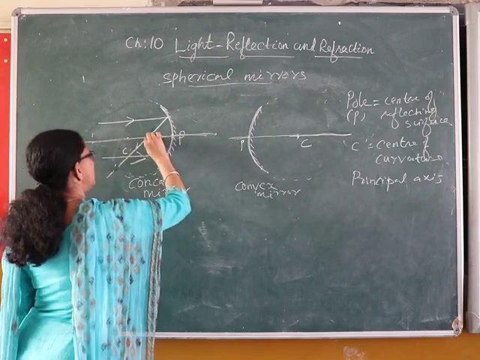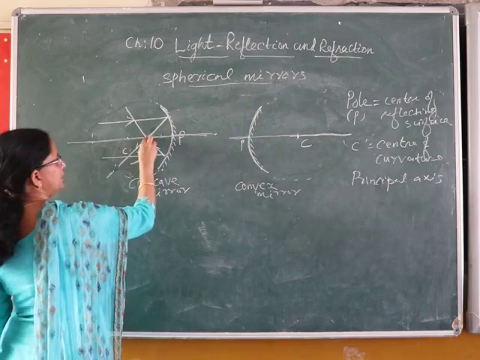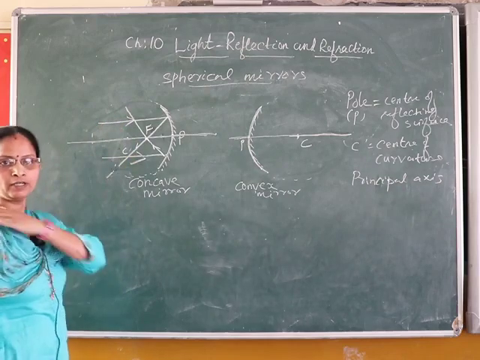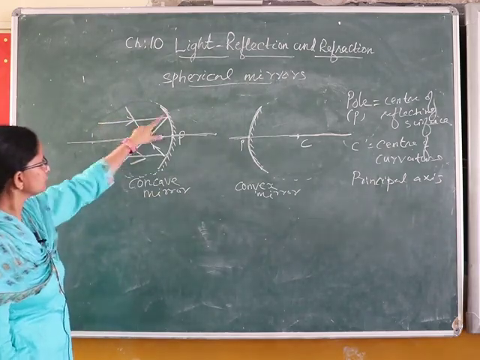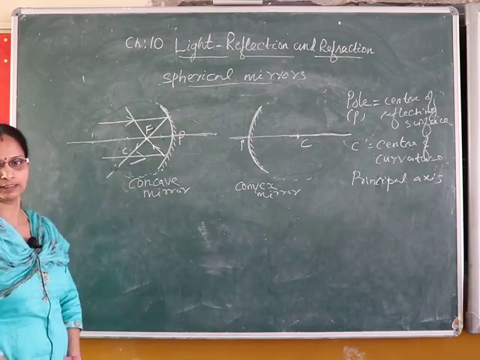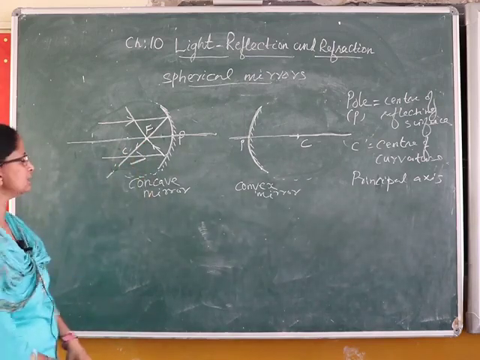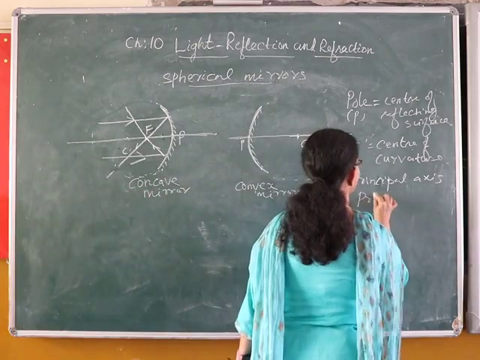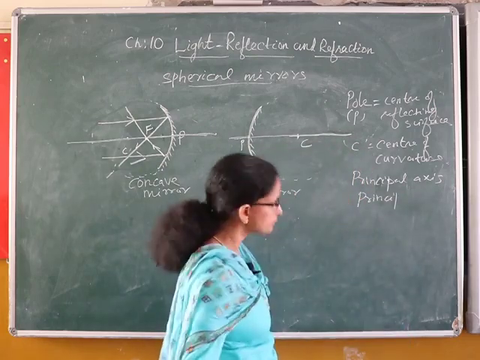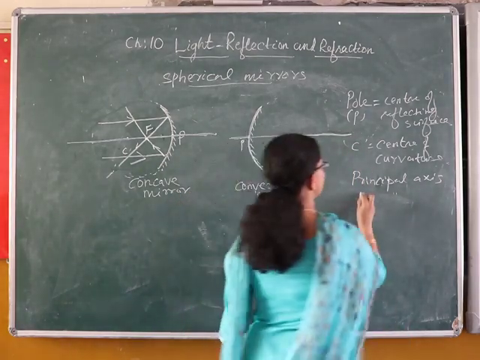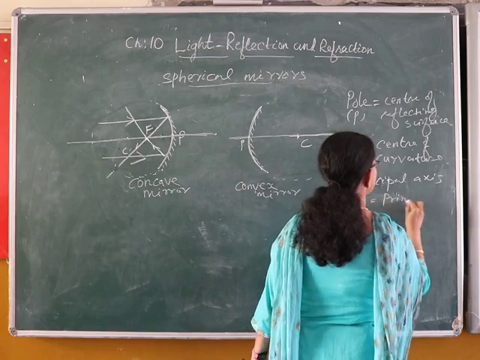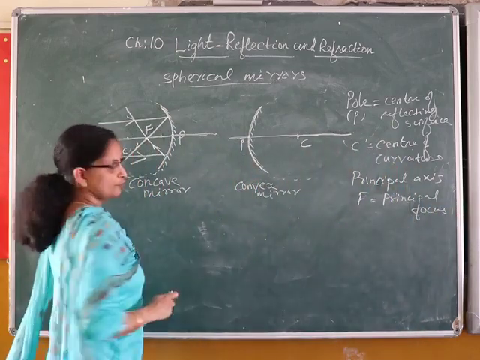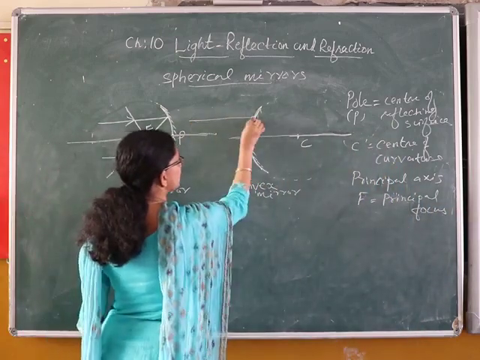That common point is known as the principal focus, F. So when a parallel beam strikes the mirror, after reflection the rays pass through a common point on the principal axis, and that point is the principal focus, F.